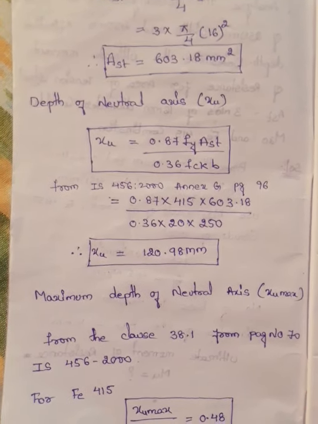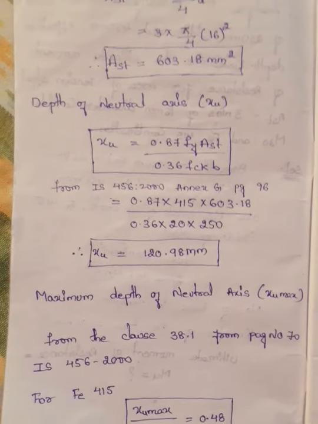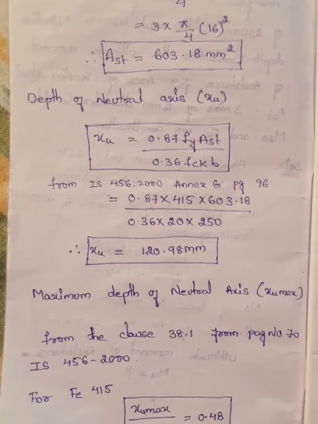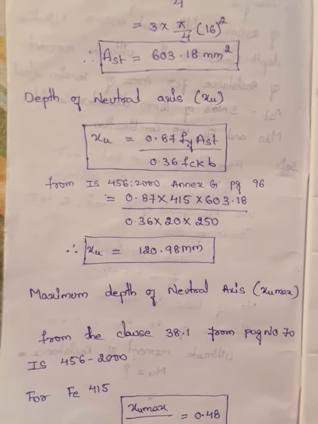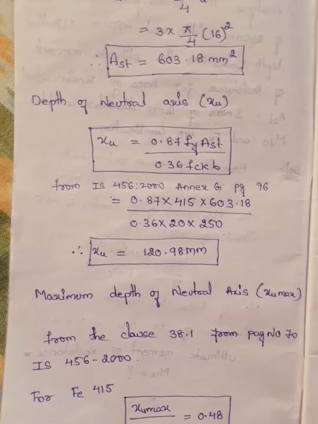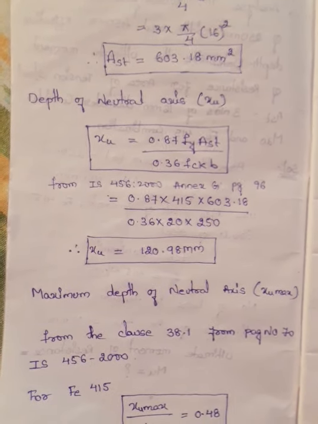Based on this xu and xu max, we can decide that the section is under-reinforced or over-reinforced or balanced, right? If xu is less than xu max, it is under-reinforced. If it is greater than, it is over-reinforced. If it is equal to, it is a balanced section.